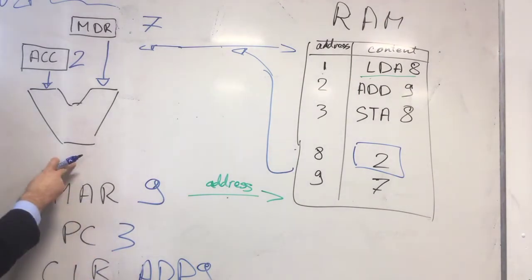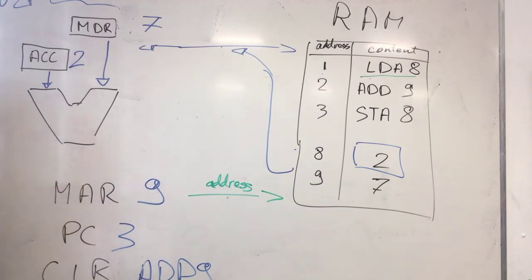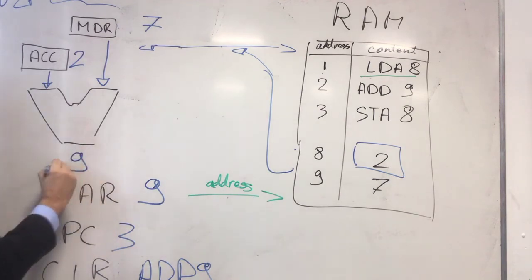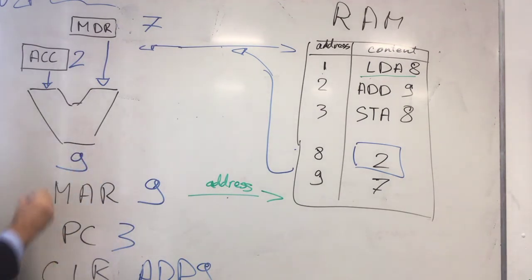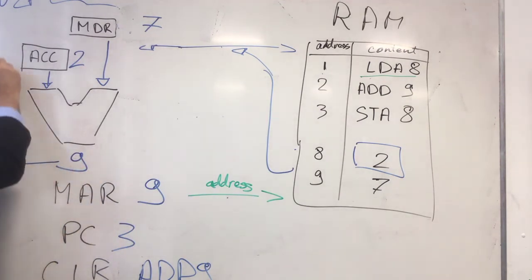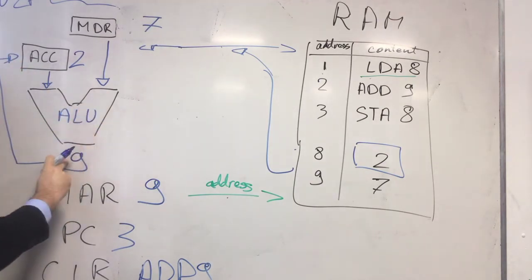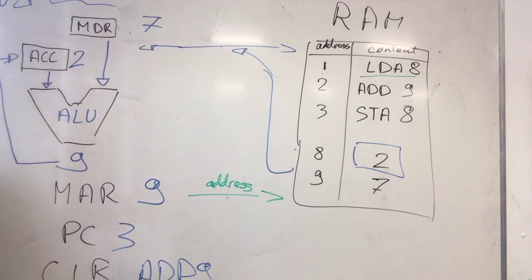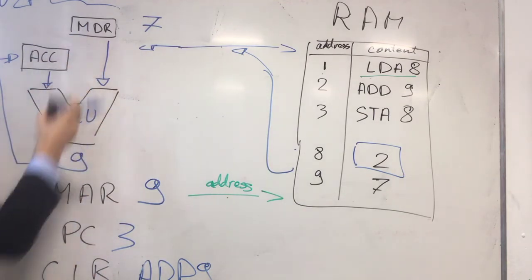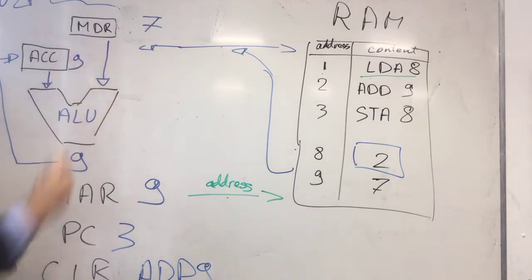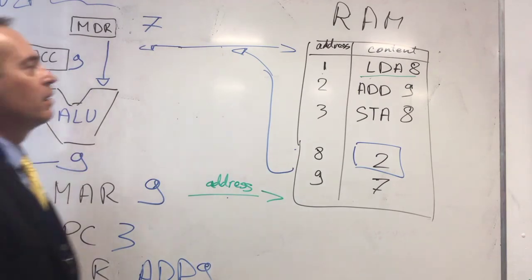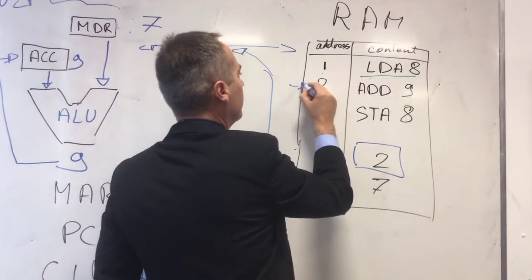What's going on at the output of the ALU? So 9 appears here. And as you know, the output of the ALU is stored into the accumulator. So the accumulator is now 9. And that's the end of this instruction.